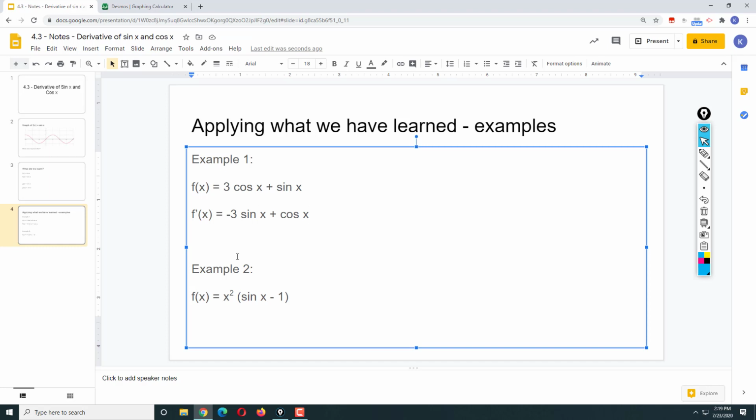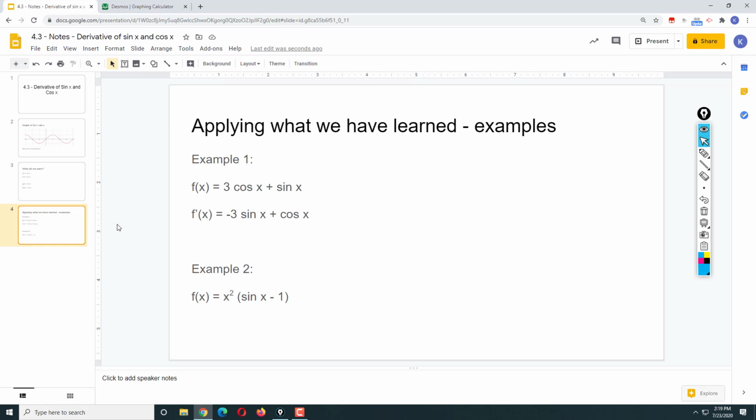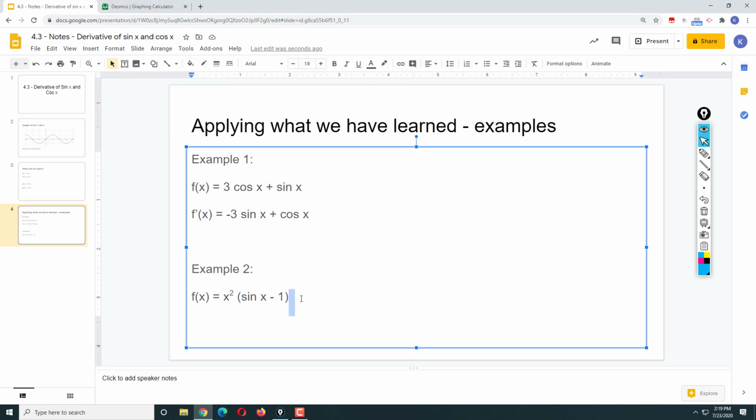One more example, f of x is x squared times sine x minus 1. We have two terms here. We can apply the product rule. So the first term is x squared, and then the derivative of the second term: the derivative of sine x is cosine x. The derivative of negative 1 is 0.